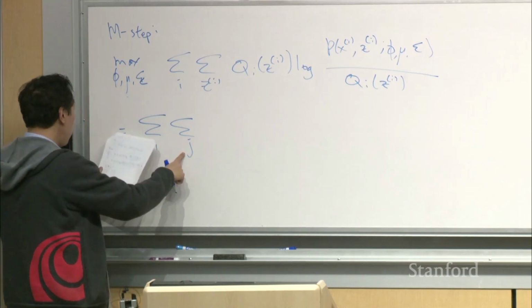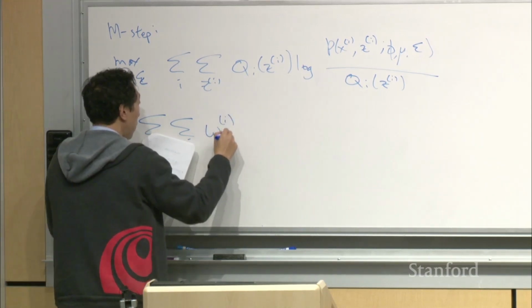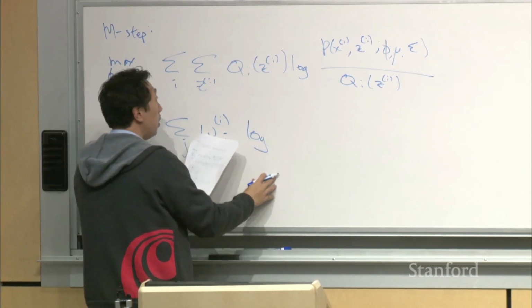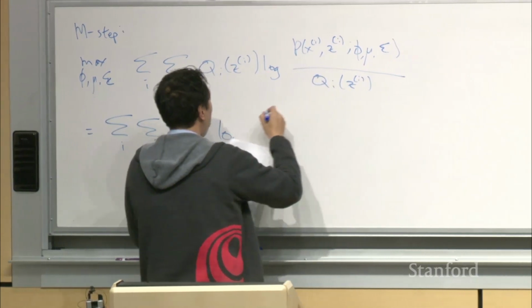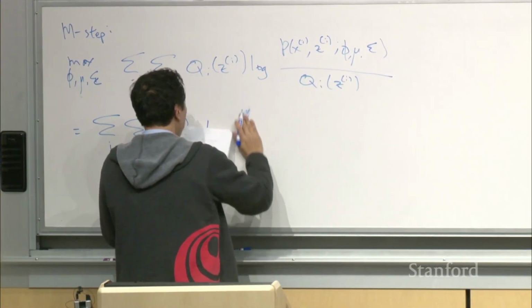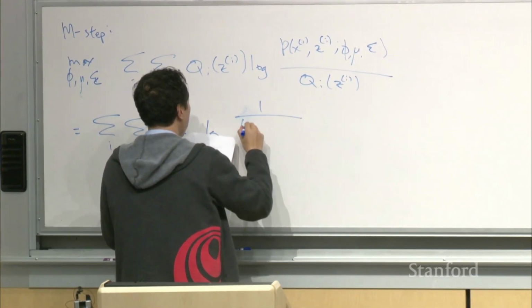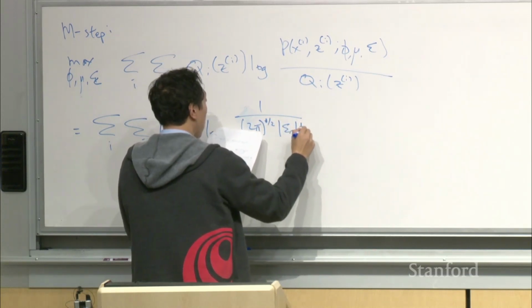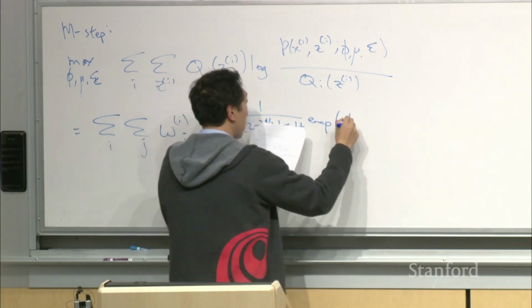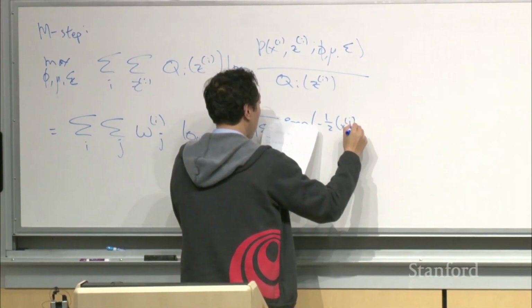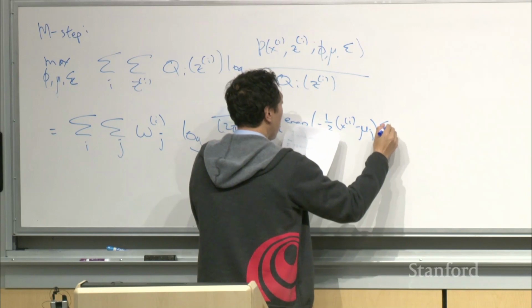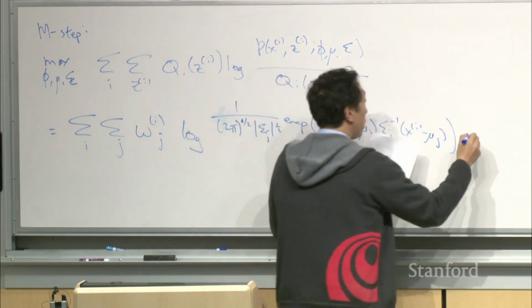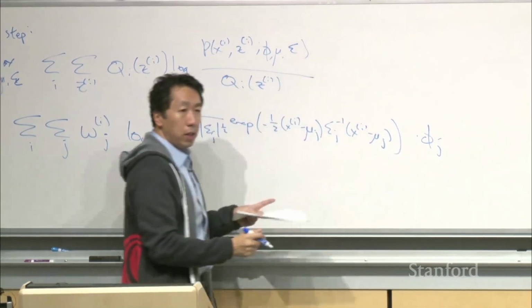So you sum over all the indices of the different clusters of Wij times log of, the numerator is going to be the Gaussian term times phi j.